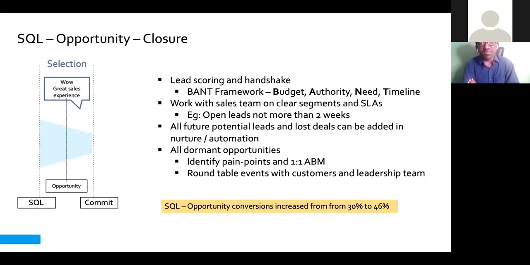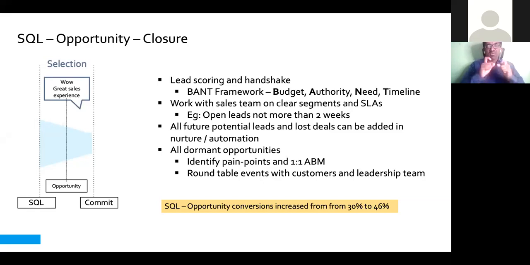The second, most important thing is to implement this framework. Also set up a bunch of SLAs with your sales team, right? What happens is, you generate a ton of leads. Sales folks would be busy closing a few deals. They might not be able to cater to leads, or they might have some other priority, right? They might be hustling and working on one customer, but they might not be able to take some of the meetings.